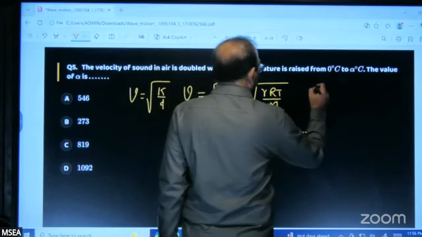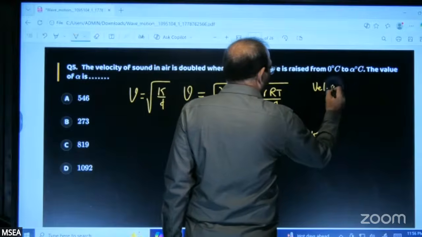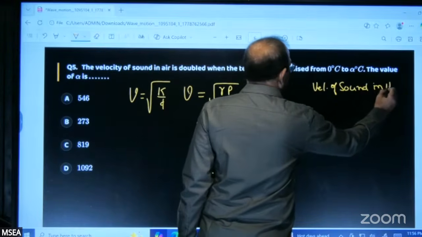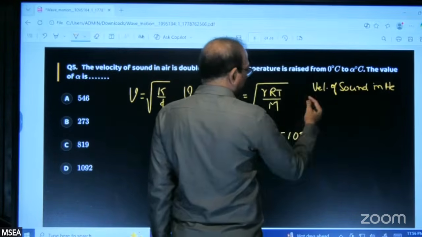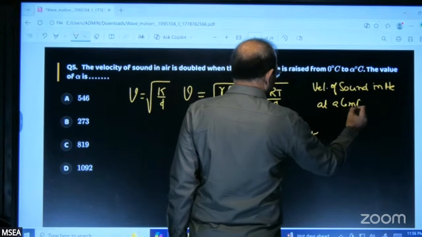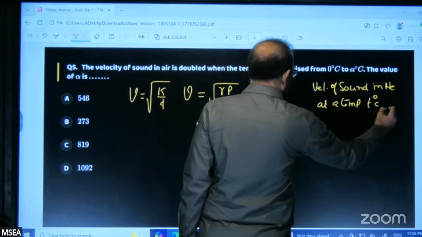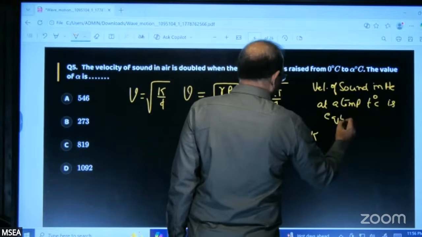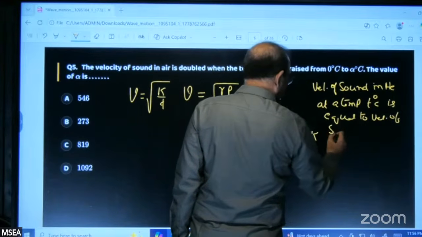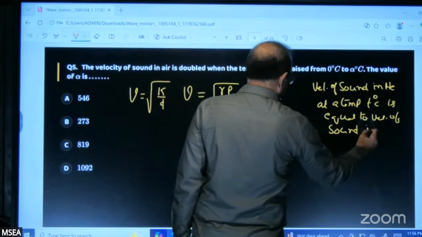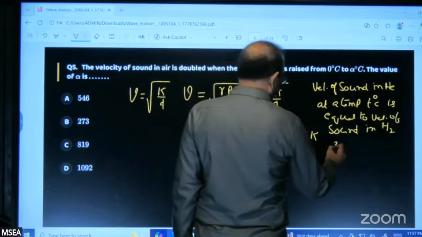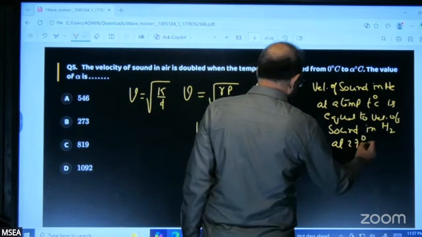Suppose they give the velocity of sound in helium at a temperature T degree centigrade is equal to the velocity of sound in hydrogen at 27 degrees centigrade.